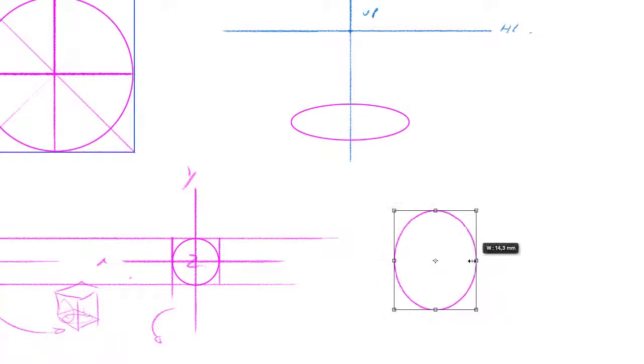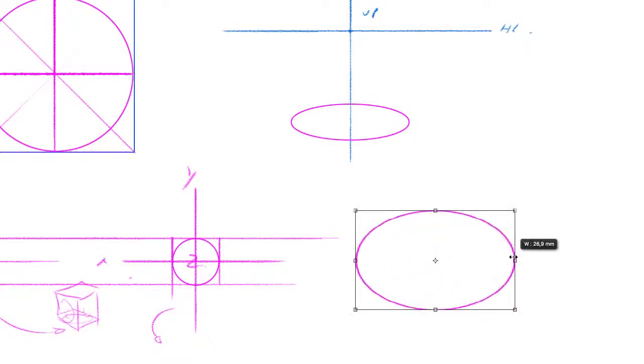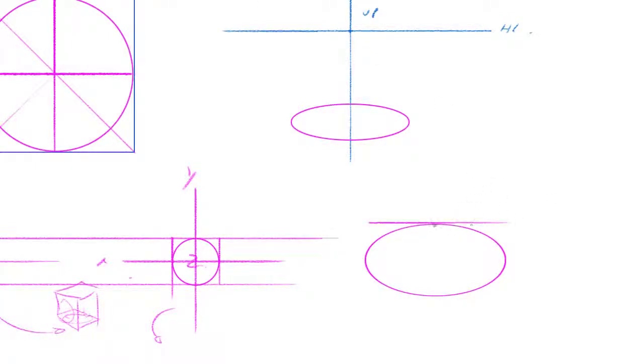And if I squish it from this side, one remains the same and one gets smaller. So the small axis, we call the minor axis. And what I'm going to do is, okay, it's a point there and there. Okay, again, I'm checking the conditions so that I can know where to put this axis.